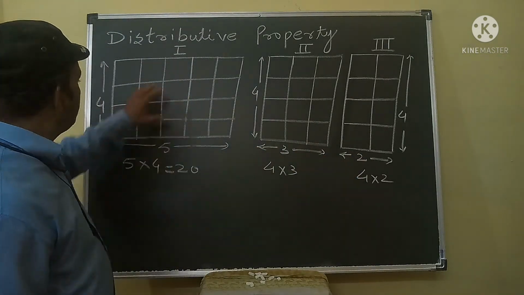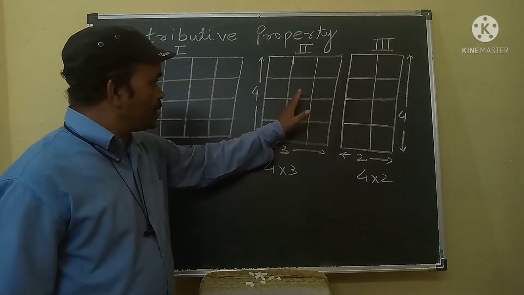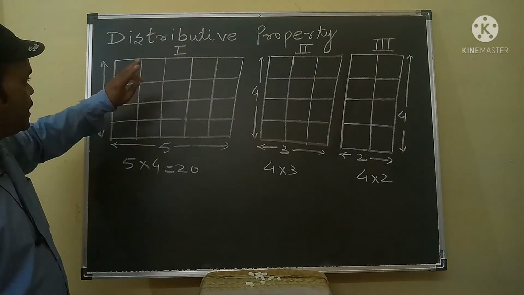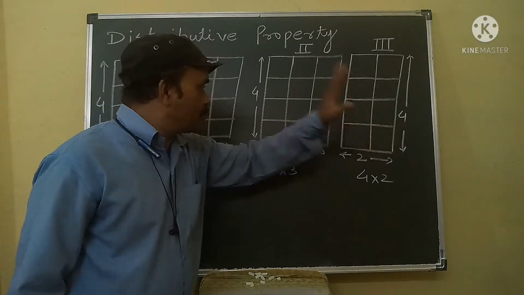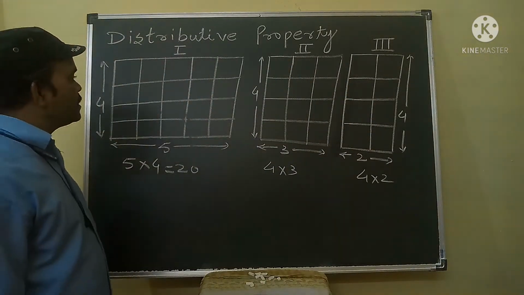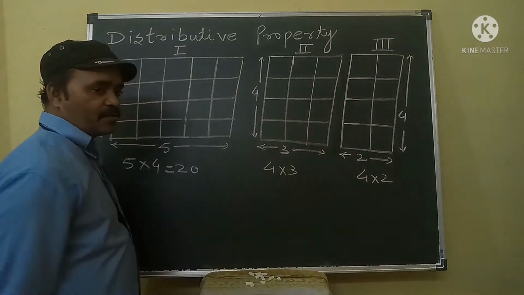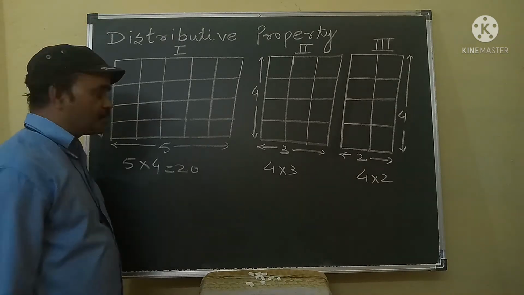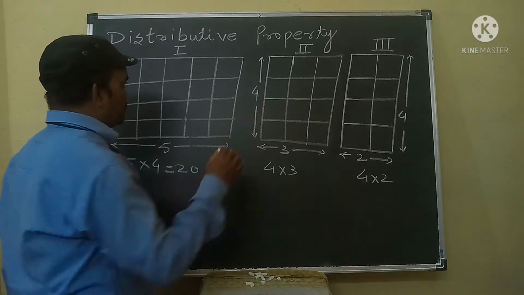So this big block is divided into a second block and a third block. In the second block there are many squares. How many squares are there? We apply the same procedure. First we count the number of lines.